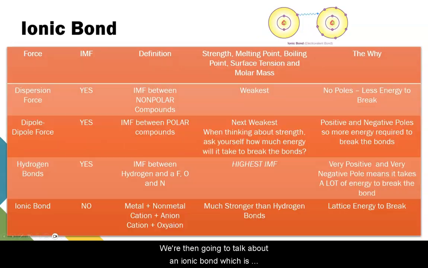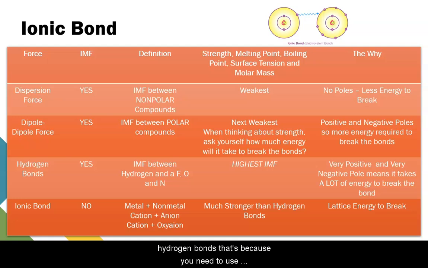We're then going to talk about an ionic bond, which is not an intermolecular force. This is a bond between a metal and a nonmetal, a cation and an anion, and a cation and an oxyanion. But we're talking about this because when we talk about IMFs, it's really between your covalent molecules, but an ionic bond is just fundamentally stronger than any of the covalent bonds, even the strongest covalent IMF, which is hydrogen bonds.